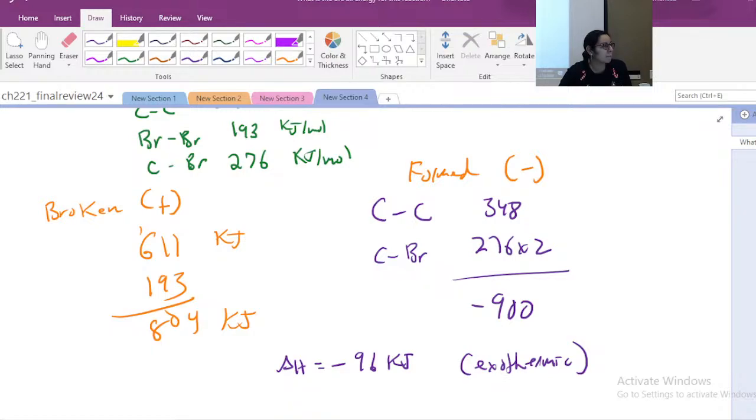Let's see. Let's do some of these other enthalpy ones.